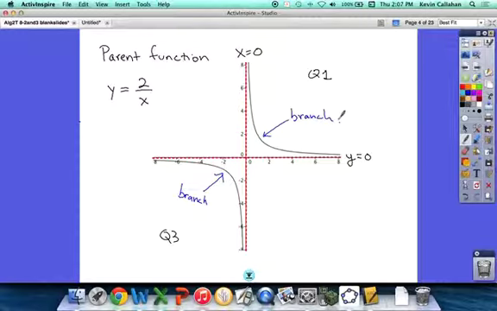What would the domain be? It's 0, right? Because that's the one value that x can't be.